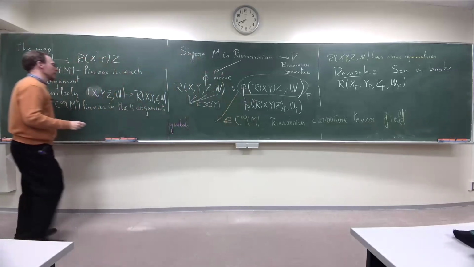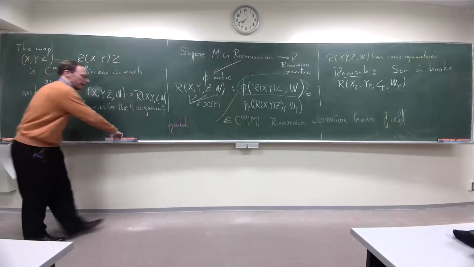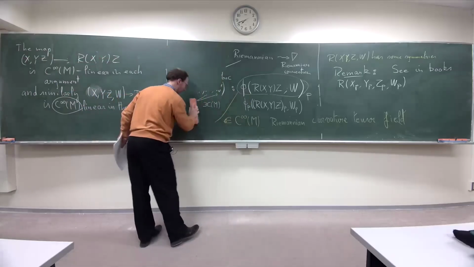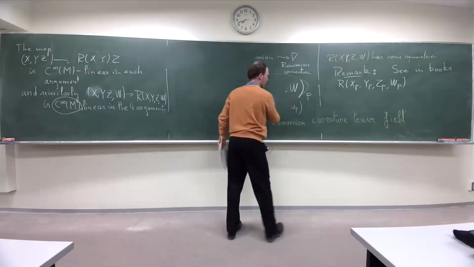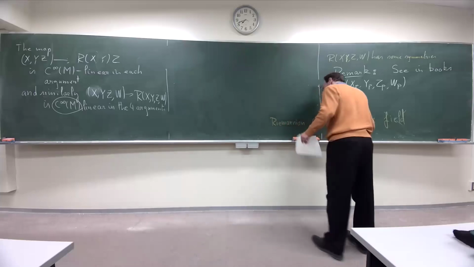So we have not only linearity, but this very strong version of linearity. And there is a theorem which tells you that if you are in this situation, a tensor field is also a tensor.